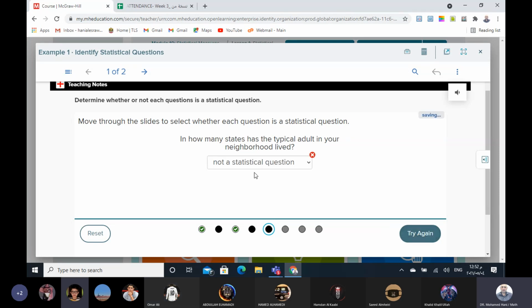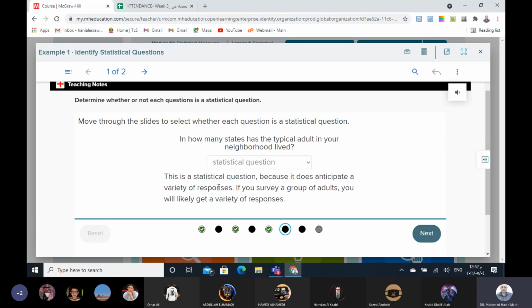Statistical. So this is statistical. Great. This is statistical, because it does anticipate a variety of responses. If you survey a group of adults, you will likely get a variety of responses.